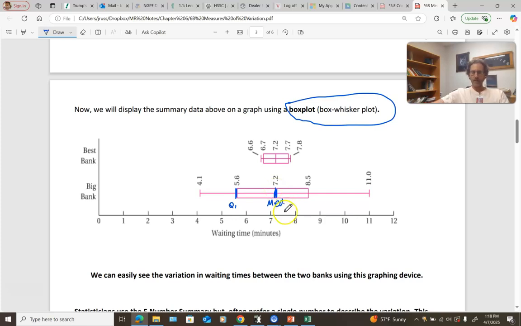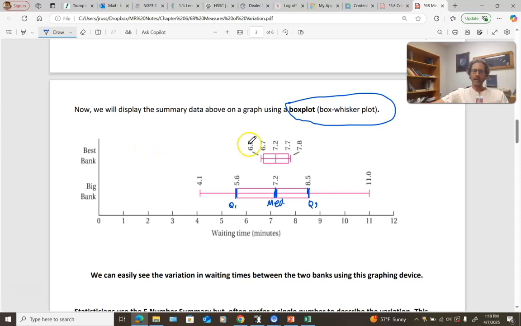And then the right-hand side of the box is your upper quartile, or Q3. By looking at this, guys, this will also give you a good way of determining the variation, or how spread out the data is. You can easily see the lowest and the largest value, and then from Q1 to Q3, this is the middle 50%. It's like from 25 to 75%. So the middle 50% of the data lies right in here.